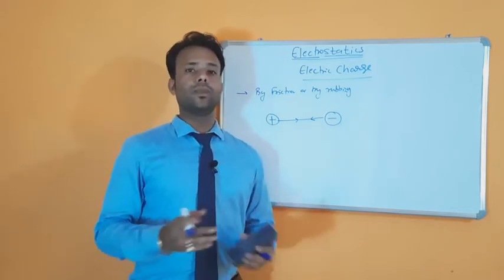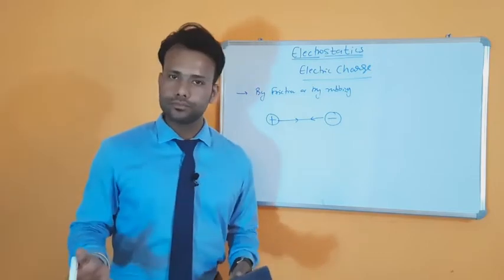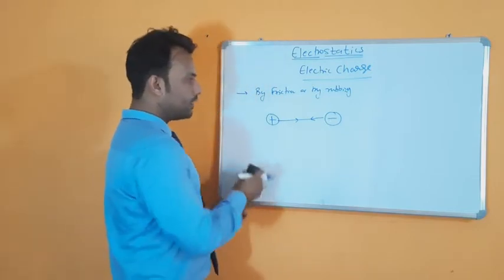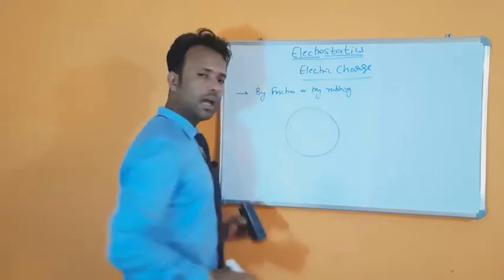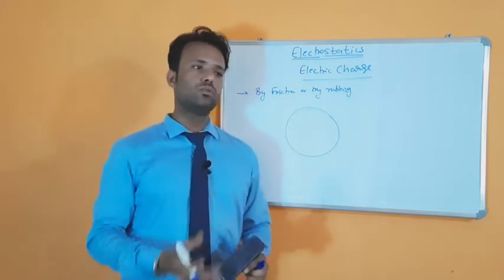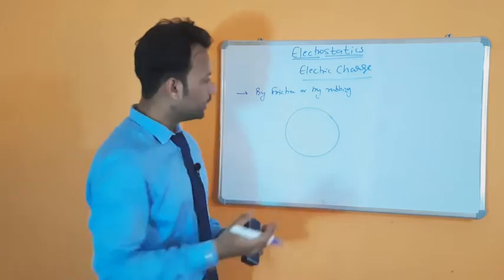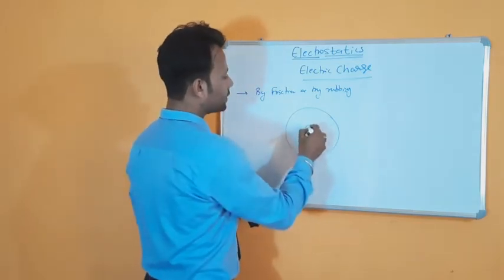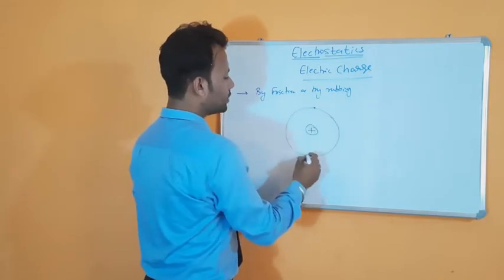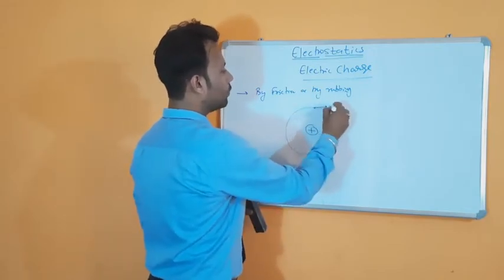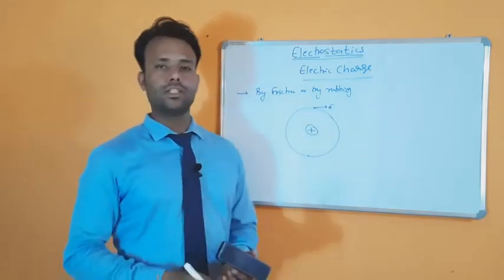Then further, if you break the molecules, there are atoms. In an atom, we have two more important things. First, we have a nucleus, which is positively charged, and electrons, which revolve around it, that are negatively charged.